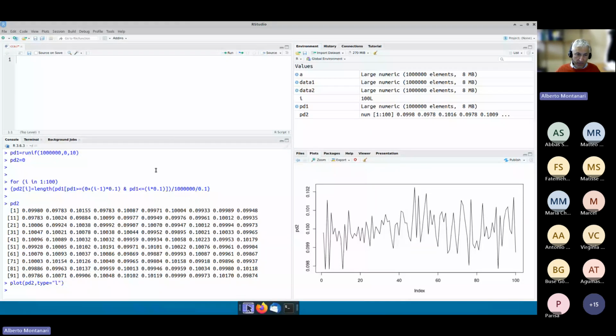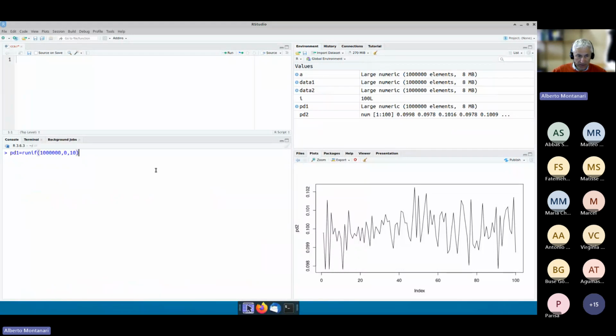For completeness, let me try to repeat what I did with a generation of numbers that doesn't correspond to a uniform probability. Okay, so let me clear the console and let me generate again the random numbers, 1 million, just without giving any additional argument, but instead of runif, let's use rlnorm.